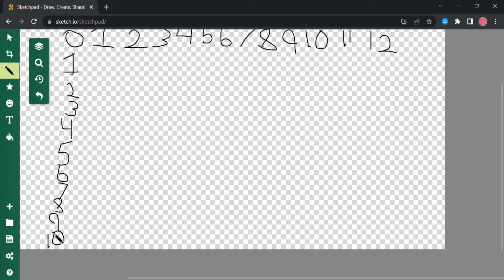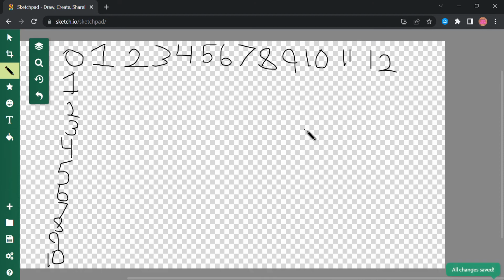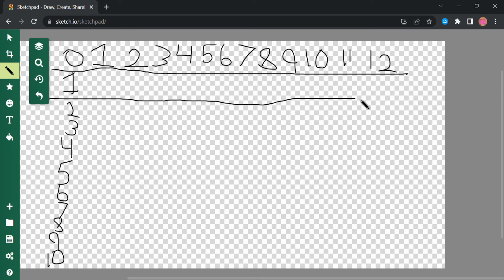Okay, I can only go to 10, but I can go for 11s and 12s. So for now, I'm just going to make little lines going like that for each number, just so I can quickly make a little chart, I guess you should say.